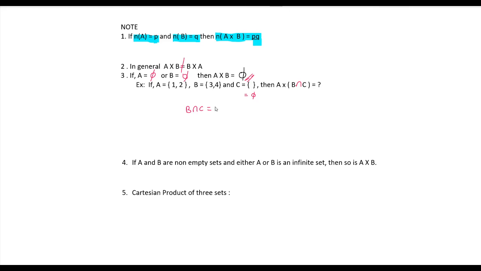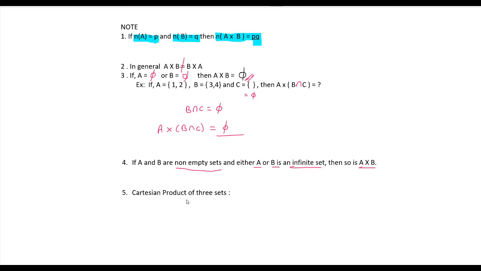Since set C is a null set, their intersection is a null set. So A cross (B intersection C) is a null set. If any one of the sets is a null set, then their Cartesian product will also be a null set. Now, if A and B are two non-empty sets and if either of A or B is an infinite set, then A cross B will also be an infinite set.